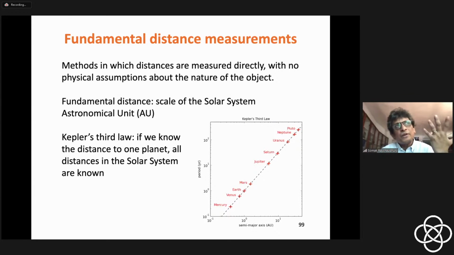And Kepler's third law, as you know, is a relation between the period of a planet and its mean distance from the Sun. And of course, you don't even need to look at the mean distance. You can look at the semi-major axis of the elliptical orbit of the planet around the Sun, and that's what Kepler's laws give you.